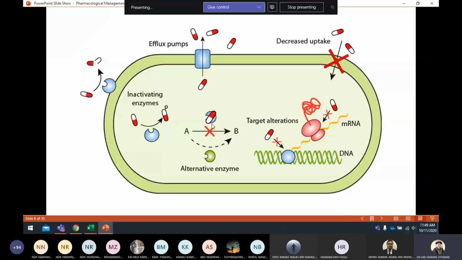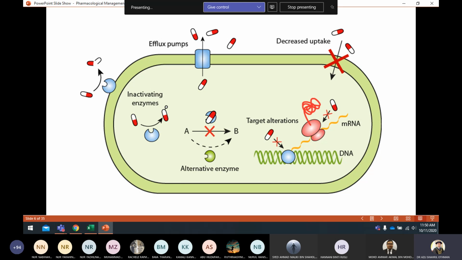The drug is supposed to inhibit whatever process in the bacterial cell, but the bacteria develops an alternative pathway leading to resistance. And there are also instances where there are target alterations in the mRNA or in the process of protein synthesis.